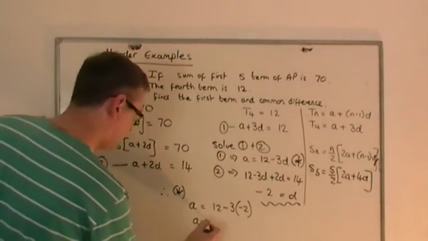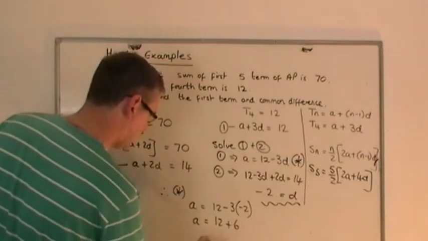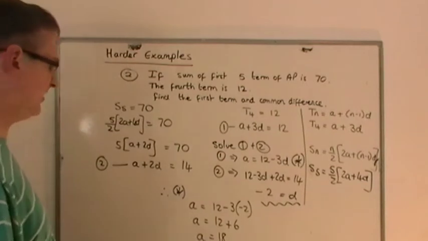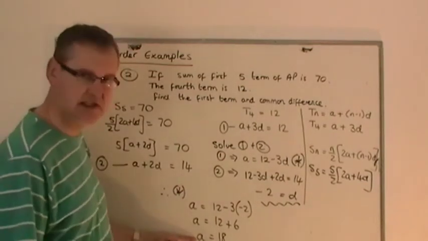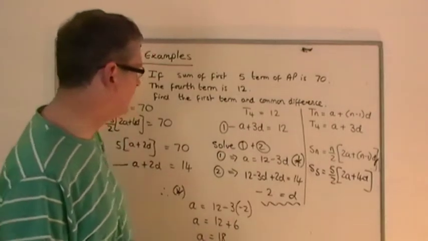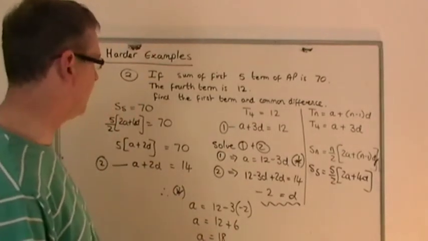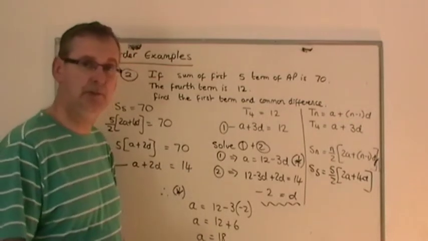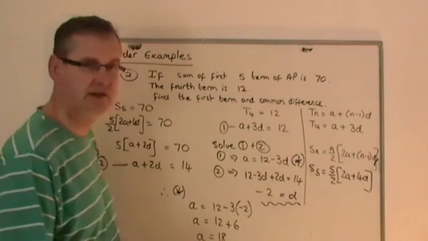So you get a is equal to 12 plus 6. a turns out to be 18. And there you go, I hope you can see that. a equals 18 is the answer there. So the first term is 18 and the common difference is -2, and there's the end of that question. So, okay, a second typical example of a harder type which involves simultaneous equations.